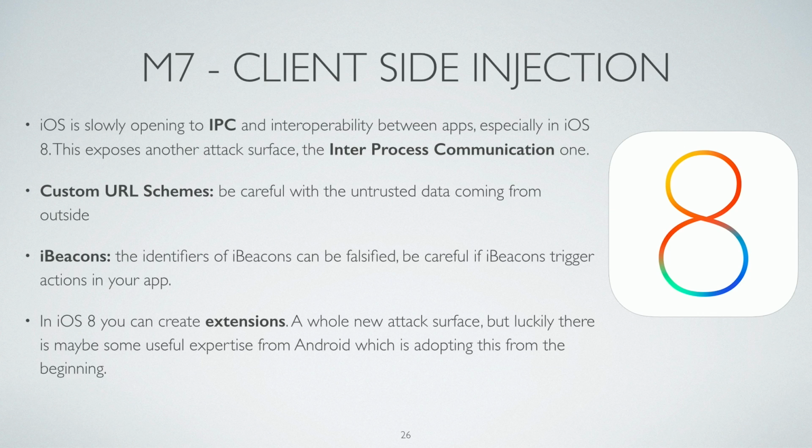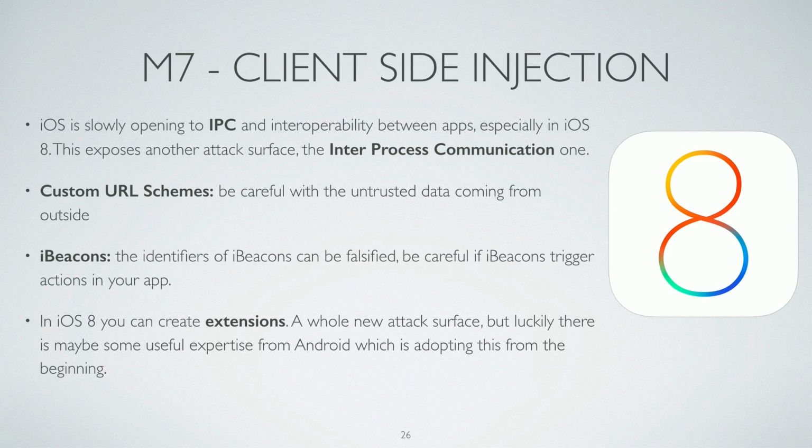So this is a whole new attack surface, and we must be careful, because before, iOS applications were very closed, so there were only a few points where untrusted data could come in, so we were less exposed to attacks.